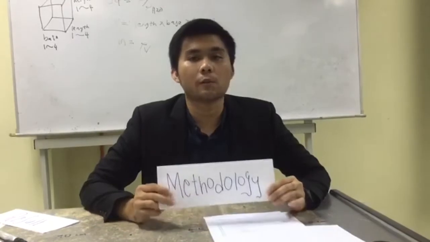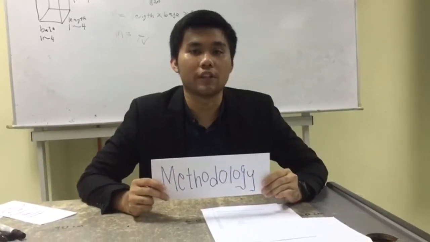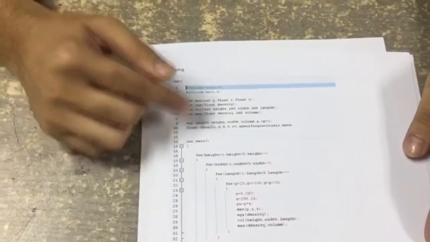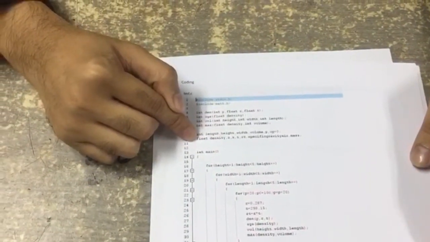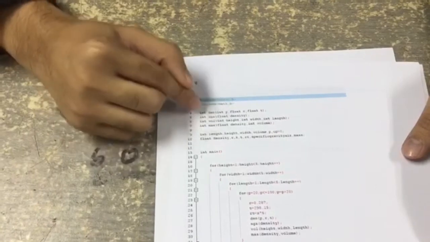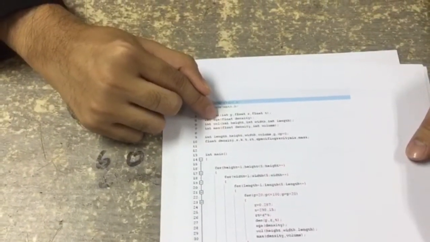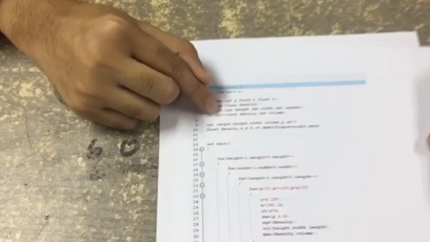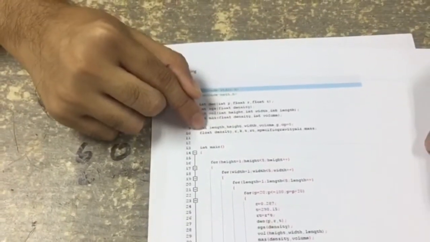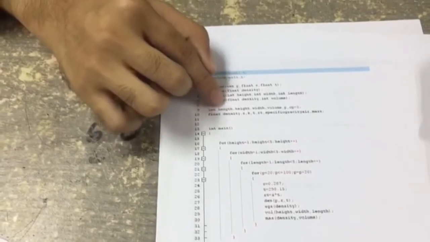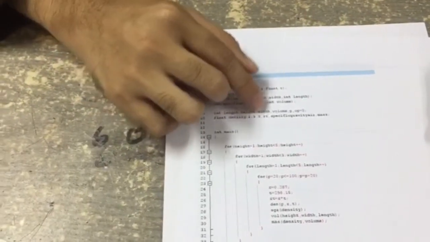Okay, the next part of the methodology is coding. They have 5 functions, including the main function. The functions are density, specific gravity, volume and mass. And for the main function, there is length, height, width and volume.